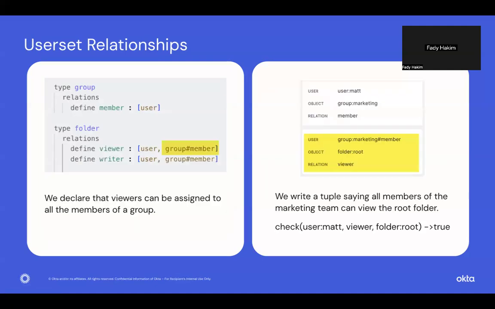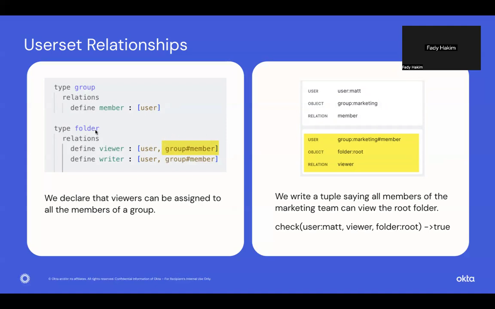The next thing you can do is assign a user set. So in the previous one, I have a one-to-one mapping, an object defined, and then I add a relationship to the object under another object. I can do a user set. So for example, I have a direct relationship here where I define a user group, and under the user group, I have members, which are users, but under folders, I define viewers, which can be a user or any member of the group assigned to this folder.